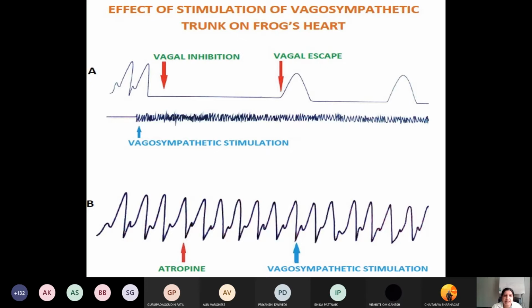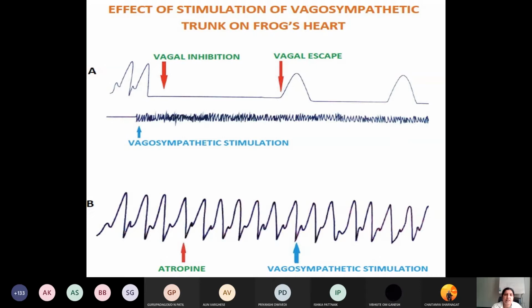So what is this vagal inhibition and vagal escape? You have to remember these two terminologies, right? Now, as you see in this graph, first after dissection of the frog's heart, we have to identify a vagosympathetic ganglion. There is one ganglion situated below the heart of the frog, which has both vagus as well as sympathetic nerves in combination.